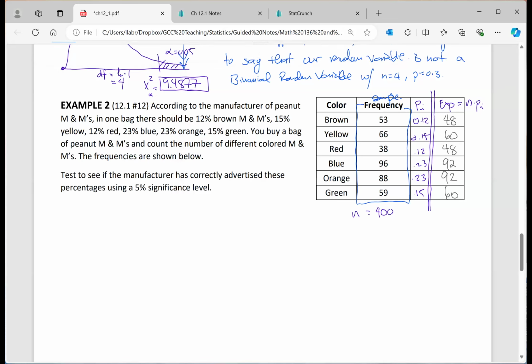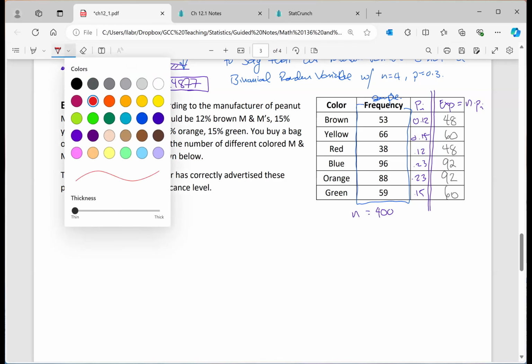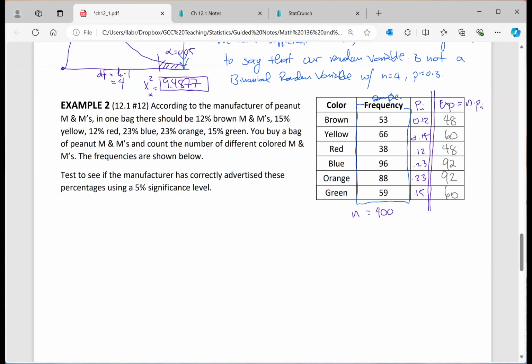So the question is, if this is the expected count for every category, every color, does this count tend to agree with your observations? Notice 53 versus 48, 66 versus 60, 38, 48, 96, 92, 88, 92, and 59, 60. There's pretty good agreement between these numbers, right? They're all pretty close to one another.